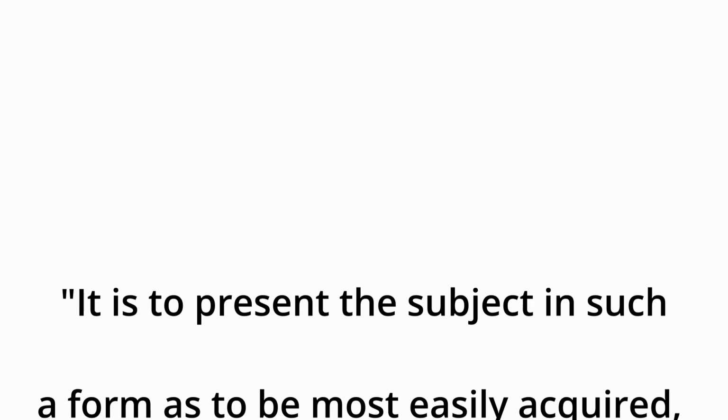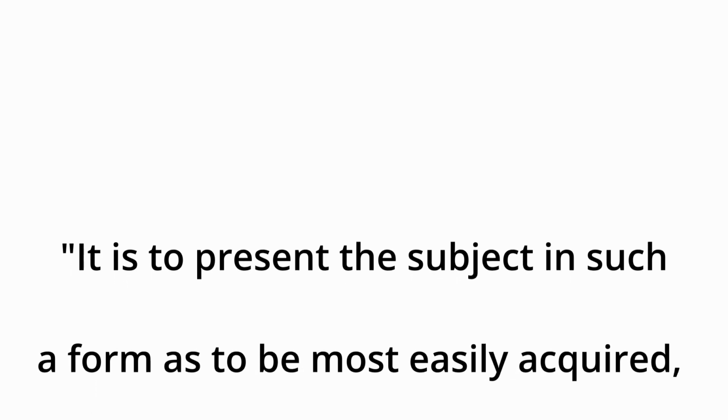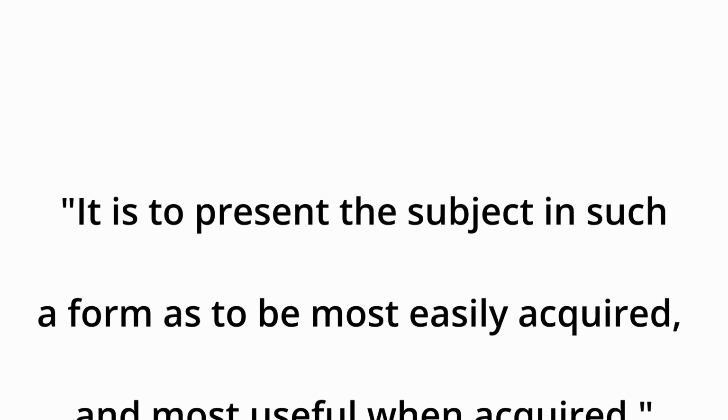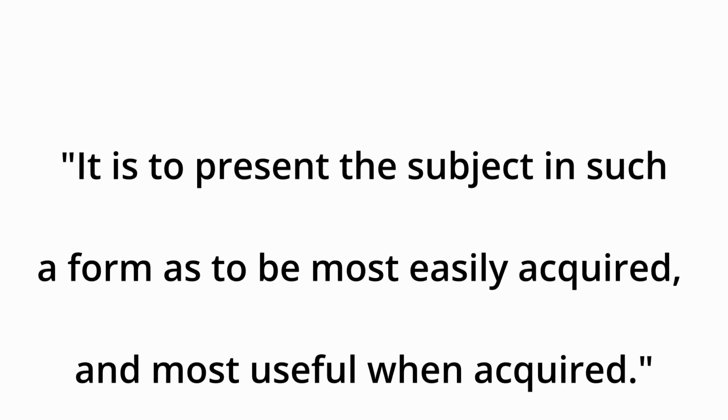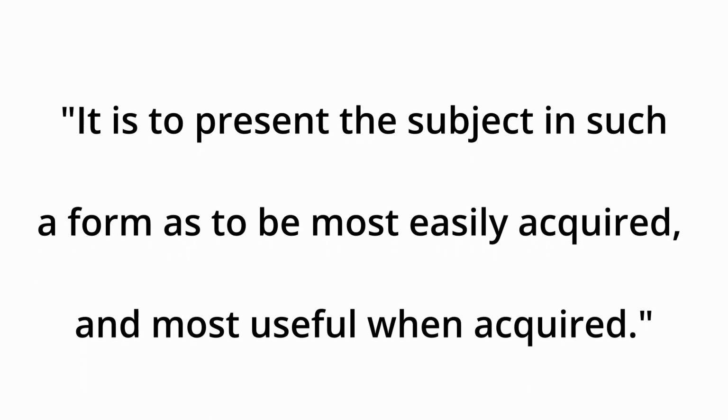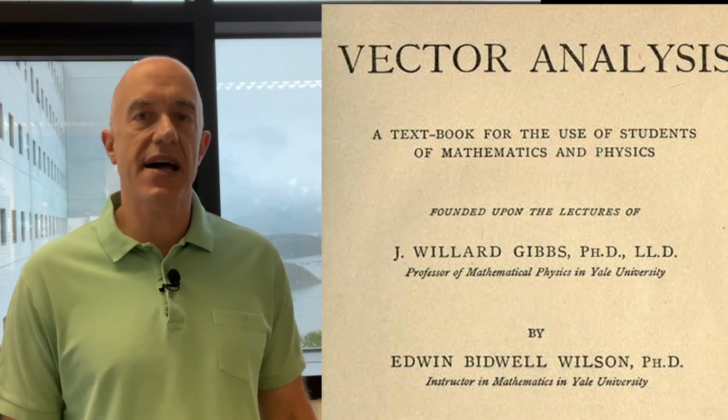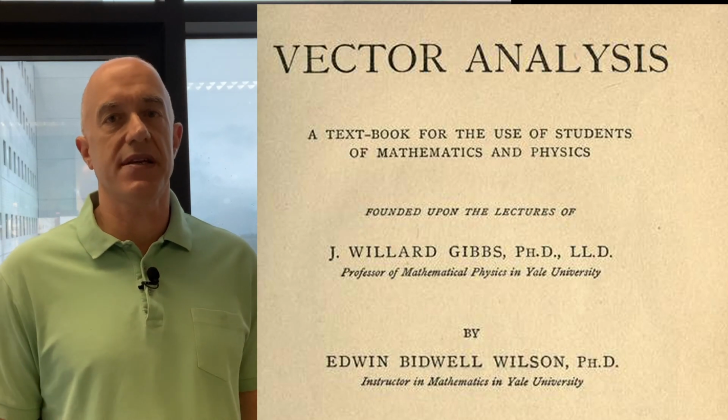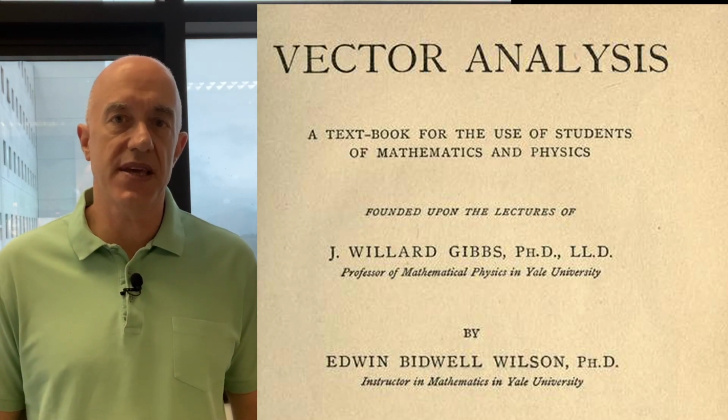Coming back to Gibbs, when he was asked, "What's the first duty of a physical vector analyst?" he replied in a letter to Nature, "It is to present the subject in such a form as to be most easily acquired and most useful when acquired." How we now learn vector calculus follows the 1913 Vector Analysis textbook of Wilson, based on the lectures of Gibbs.